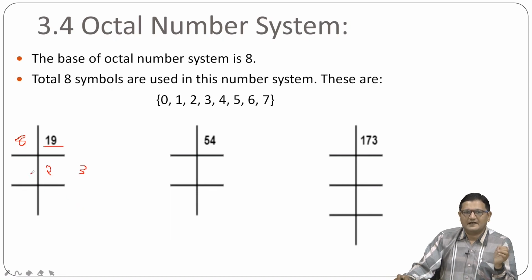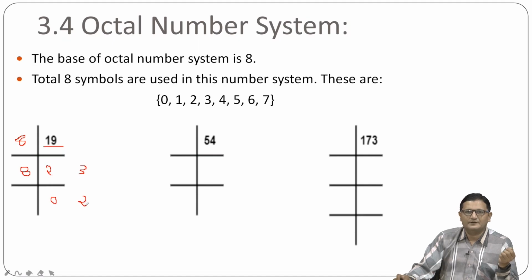Then again I will try to divide this 2 by 8. We cannot divide 2 by 8, because 2 is already smaller than 8. So here 8 zeros are 0, and how many remain? 2. So you write that 2 here.